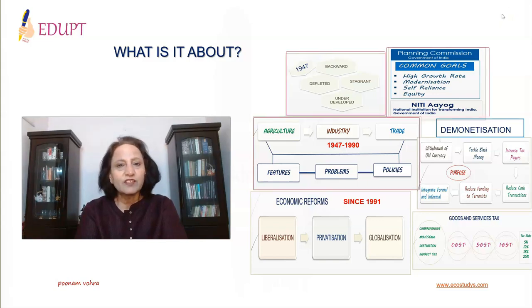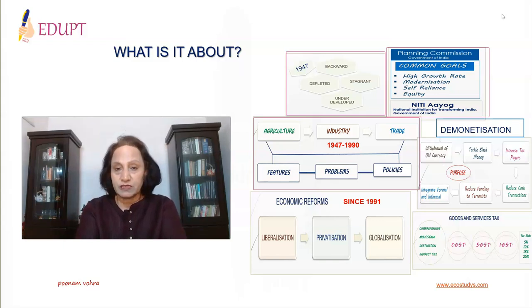Since the early days of independence, economic policy was based on controls, restrictions, quotas, permits, licenses, subsidies, tax concessions, and so on. So the economic enterprises, investment, currency, commodity market, capital market, trade, everything was protected by the government.